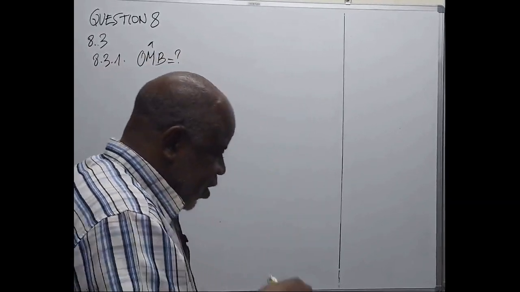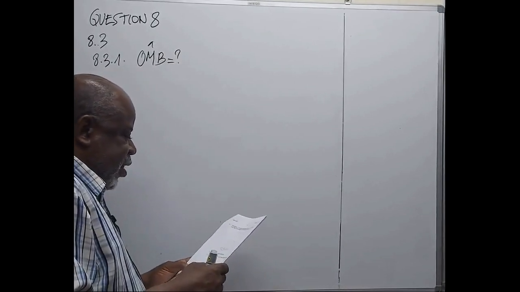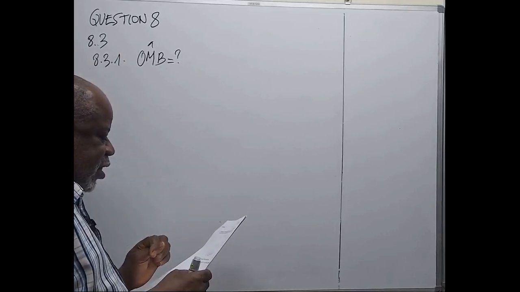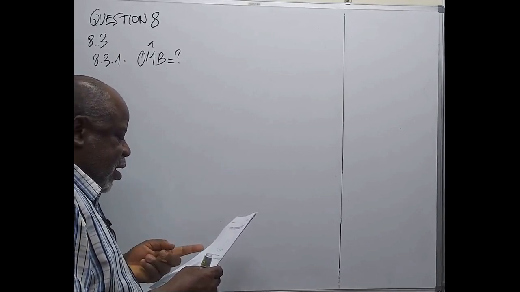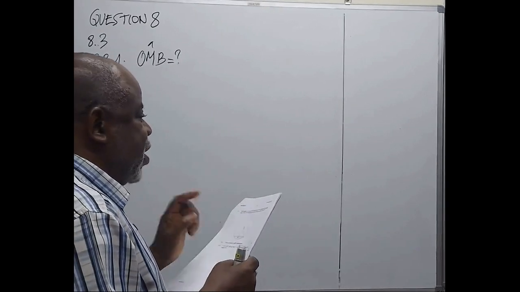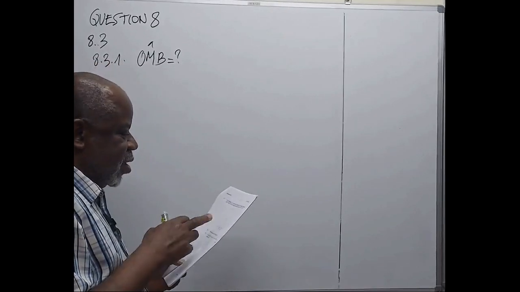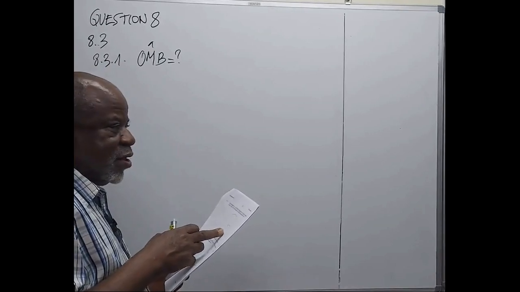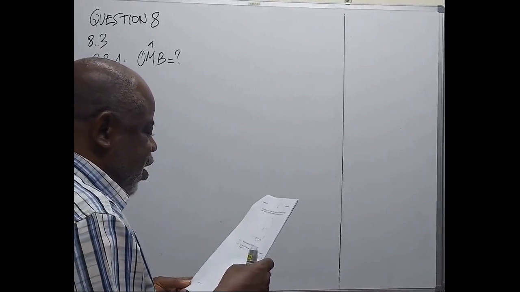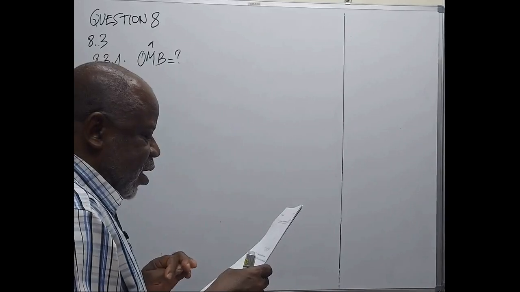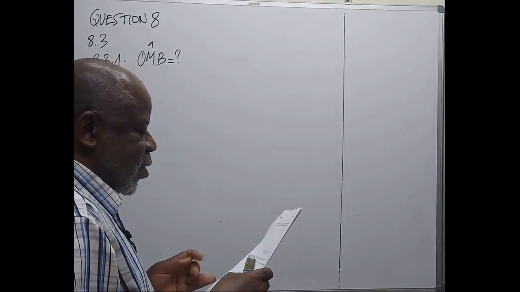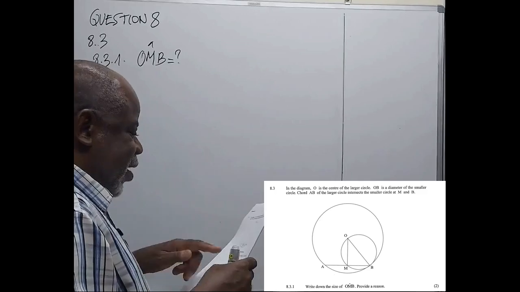So if we watch your diagram very well, you will see that OB is a radius of the larger circle, and OB is the diameter of the smaller circle. According to Euclidean geometry, we have learned that angle on a diameter is always equal to 90 degrees. We can also say angle in a semicircle.